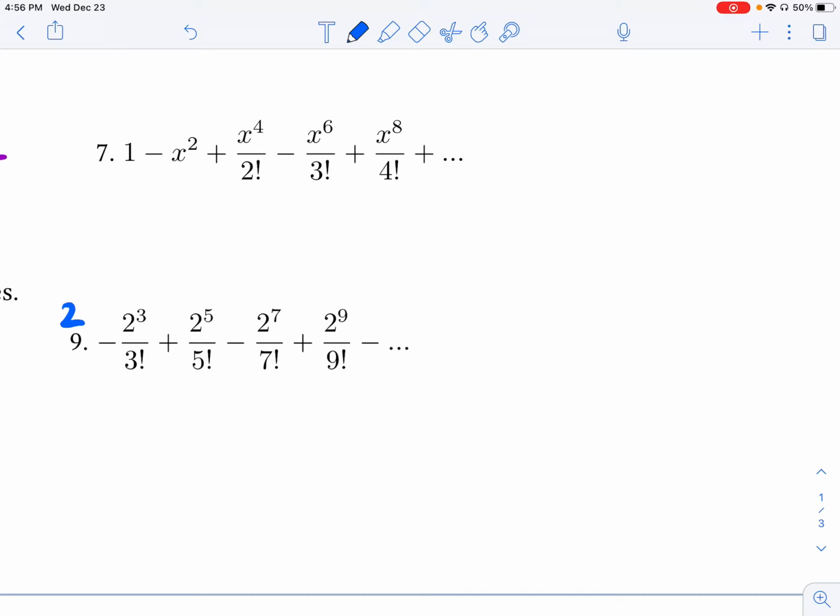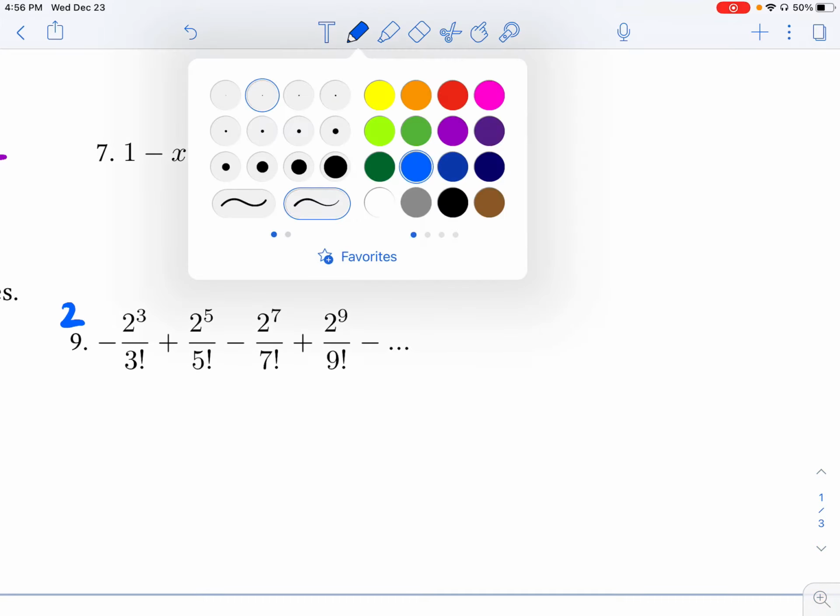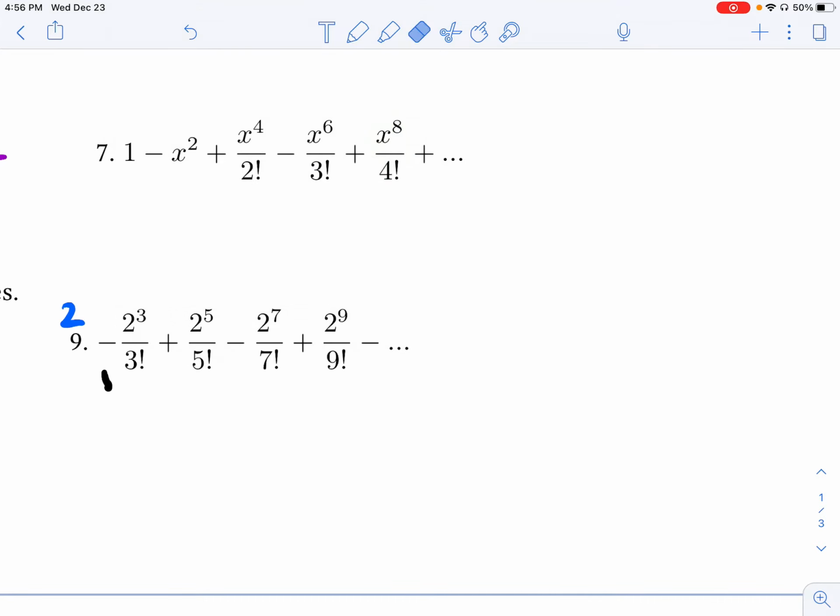Well, fortunately for us, if I had a 2 in front here, I would then be able to say that all of this is simply the sine series or the sine function evaluated at 2, right? Because all of our x's are replaced with 2. So the problem is I just don't have a 2 in the front.